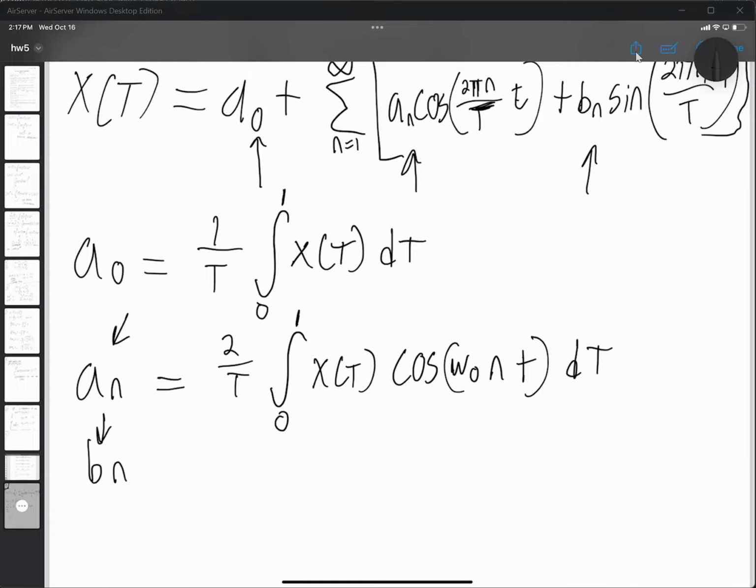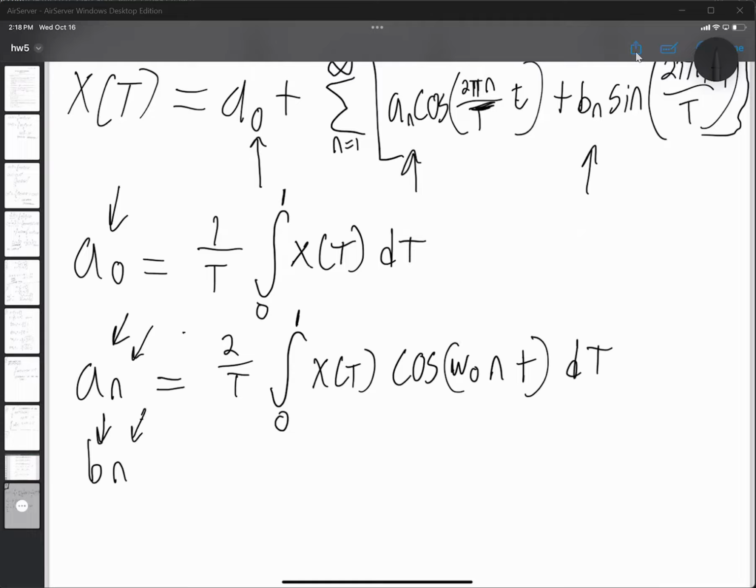So a0 is just the average of one period. Then an is the cosine, the even part, and bn the odd part.